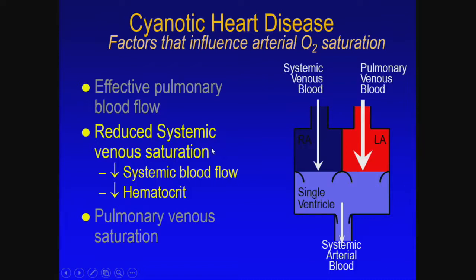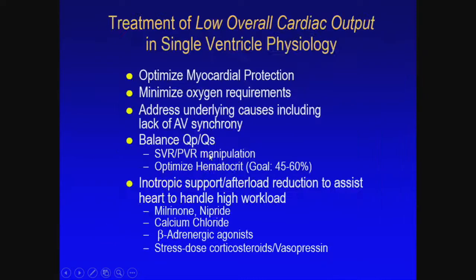So if you have a low systemic venous saturation, that means that the circulation is sluggish, the cardiac output is low. So what do you do? You optimize myocardial protection, minimize oxygen requirement, address the underlying cause. For example, if there is lack of AV synchrony, like it's not in sinus rhythm, in a junctional rhythm, you treat that, balance QP to QS. Inotropes are really helpful here: milrinone, calcium channel blocker, or calcium chloride, stress doses of corticosteroid and vasopressin.